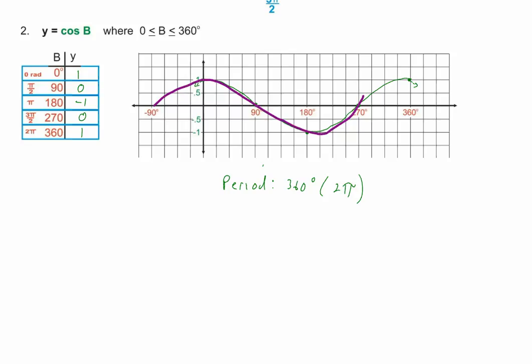If I take this sine wave and move it back 90 degrees, that would be the sine. Take that sine wave and go back 90 degrees, what do I get? The cosine wave.